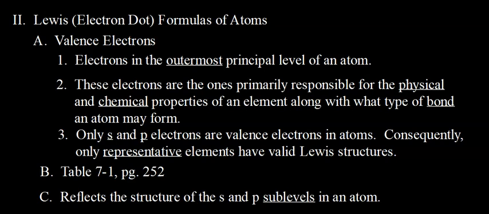It doesn't really matter where they go as long as you have the correct number of dots, so it doesn't have to look exactly like what's shown in the book. Again, this Lewis structure reflects the structure of the S and P sublevels in an atom. We will talk more about Lewis structures when we describe how the different types of chemical bonds form between atoms.